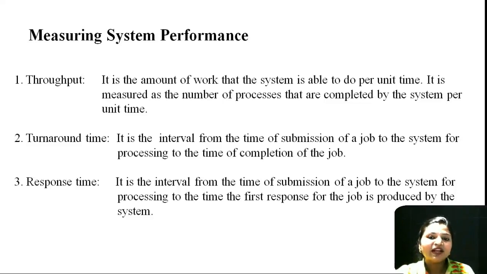For example, if your system is completing n processes in t seconds, the number of processes completed per second is calculated by n divided by t. That is your throughput.